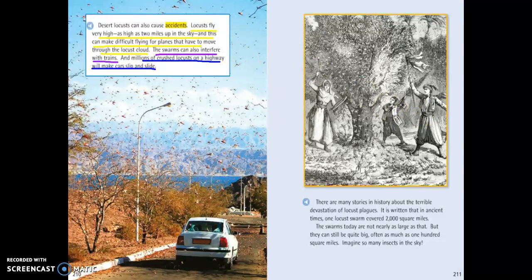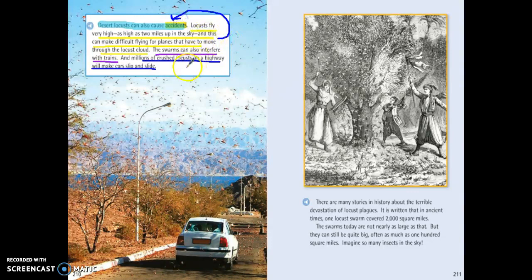So when we examine the first sentence here in this paragraph, "Desert locusts also cause accidents." Okay, so could this be the main idea? I'm not just going to assume it is, because it isn't always the first sentence that is the main idea, but we have located supporting details. Do these supporting details support this as my main idea?